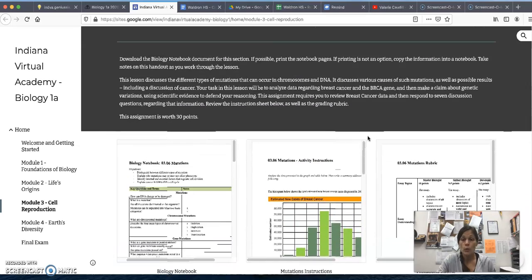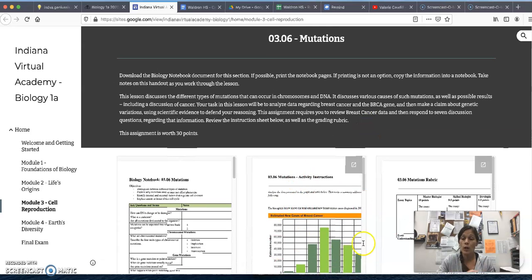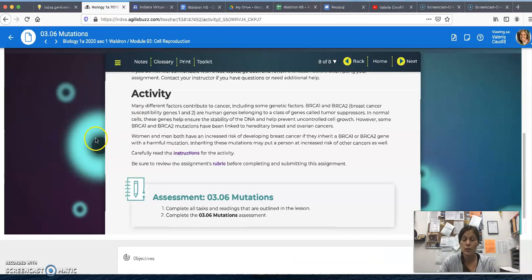Before I open this document here, I'm going to go back to your lesson. So here we are on slide 8 of 0306 mutations. We're going to read what the lesson introduces to us here. It says many different factors contribute to cancer, including some genetic factors. BRCA1 and BRCA2, breast cancer susceptibility genes 1 and 2, are human genes belonging to a class of genes called tumor suppressors.